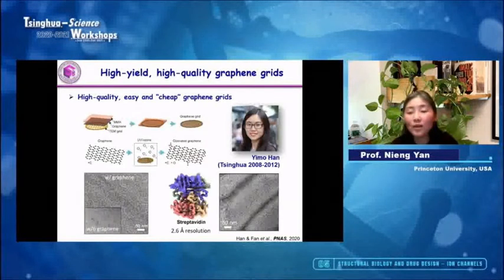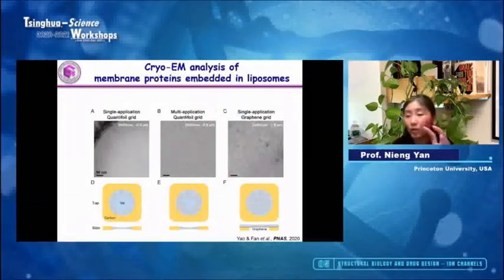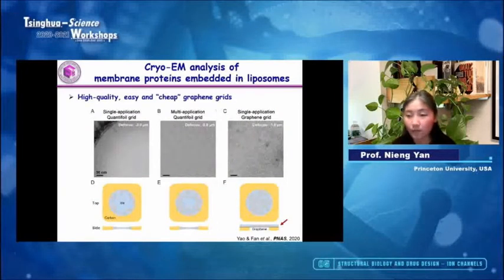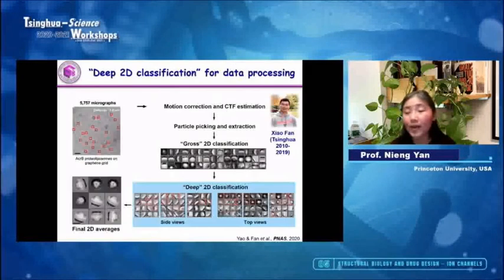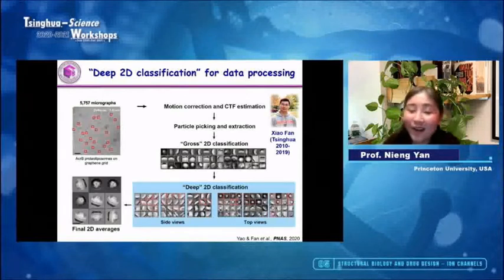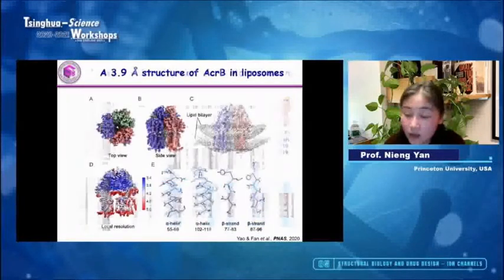So with this, we were able to obtain high quality cryo samples of membrane proteins embedded in liposomes on graphene grids. Then Xiao Fan, who actually spent 9 years in Tsinghua, was trained by Professor Hongwei Wang for his PhD study, and worked out the workflow for data collection of membrane proteins embedded in liposomes.